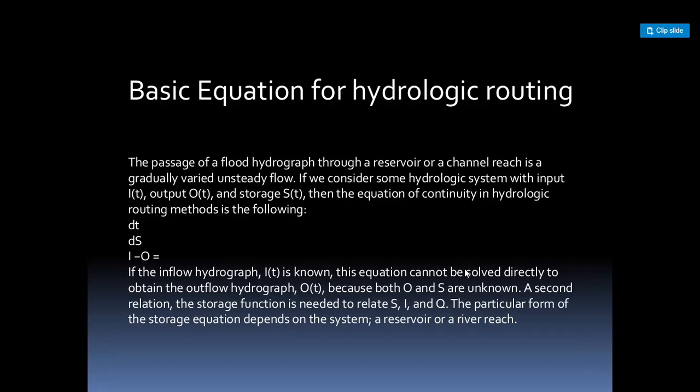If the inflow hydrograph is known, this equation cannot be solved directly to obtain the outflow hydrograph because both O and S are unknown. A second relation, the storage function, is needed to relate S, I, and O. The particular form of the storage equation depends on the system, a reservoir or a river reach.